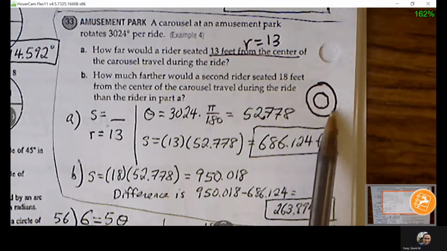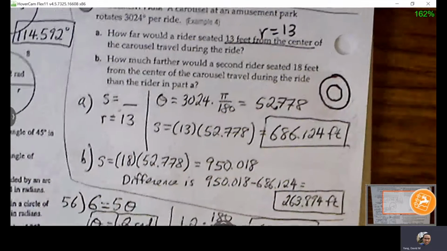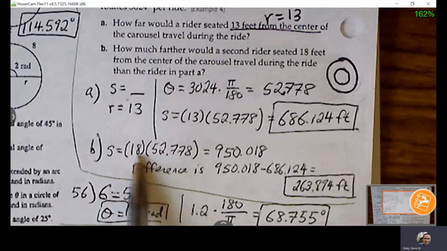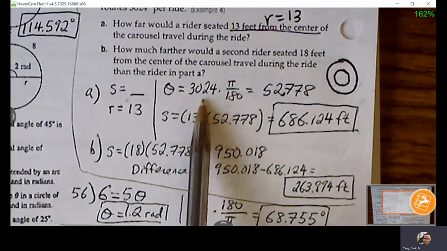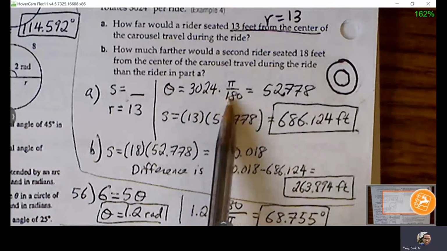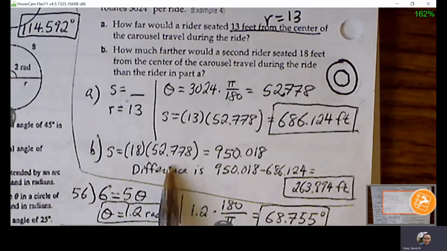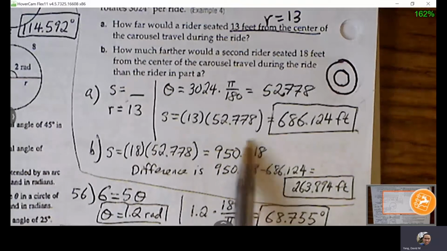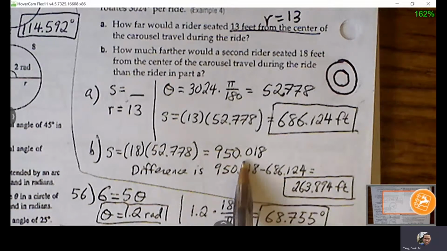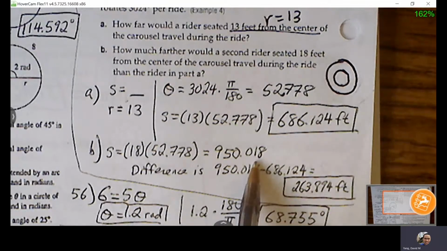So we figure out the arc length for the second rider. The radius is now 18, theta is still 3024, which is the same conversion, 52.778. The only difference is that the rider is further away from the center, so it's a longer arc length path. We get 950.018.